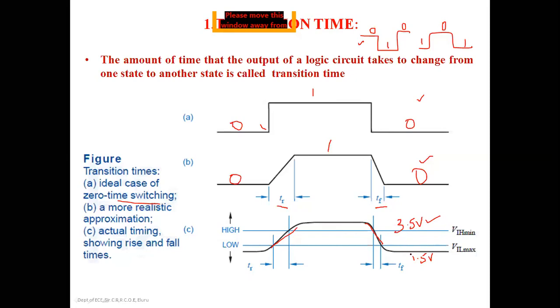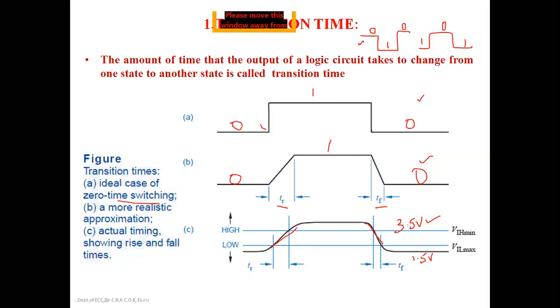For logic 1, the boundary logic value is 3.5 volts, and for logic 0, the boundary logic value is 1.5 volts. Now we can determine the rise time and the fall time of the transition time.